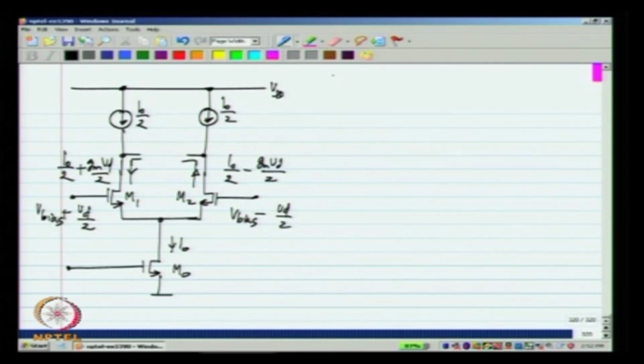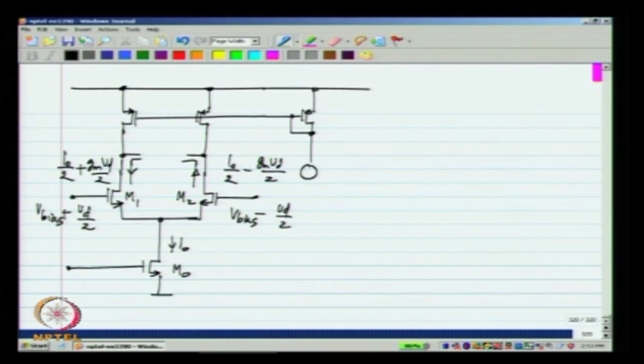We need a differential pair and we need current sources I naught by 2. Okay. So, what is the difficulty? Now, we can try to implement this directly, but so let us say I take two PMOS transistors and bias them with a current mirror.